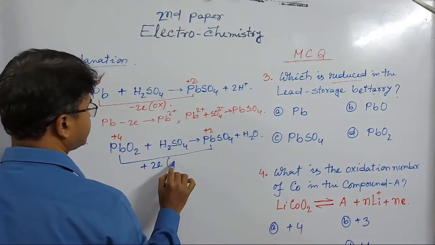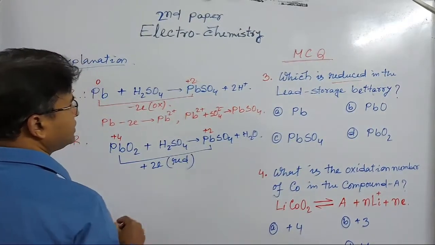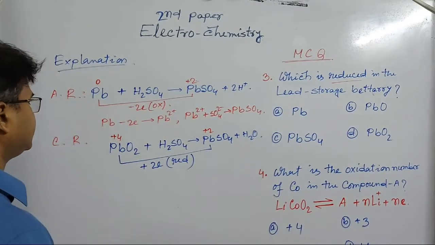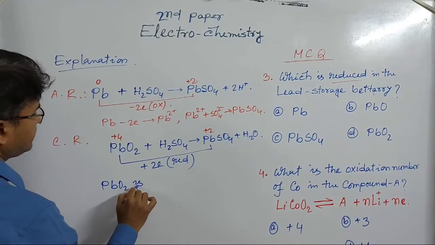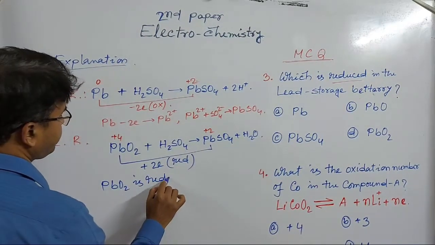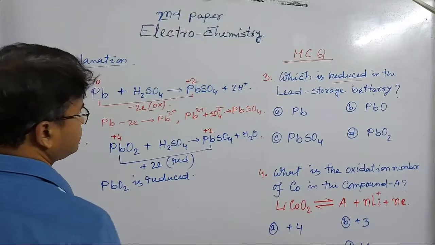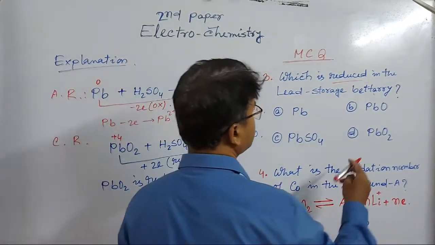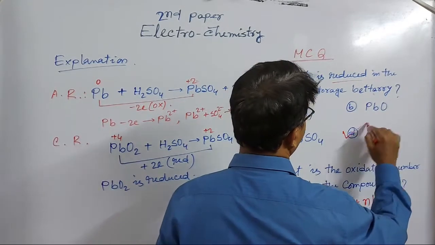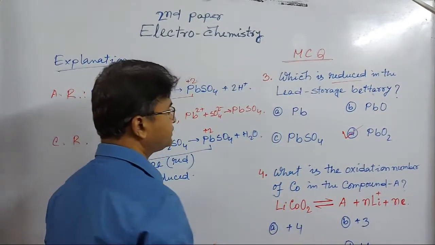This is a reduction reaction. So dear students, I can say here lead oxide is reduced. So my answer is PbO2.